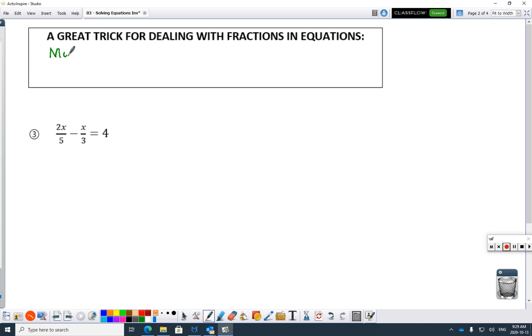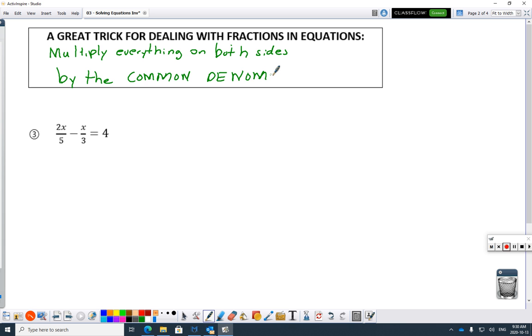Multiply everything on both sides by the common denominator. Now you're copying that down.